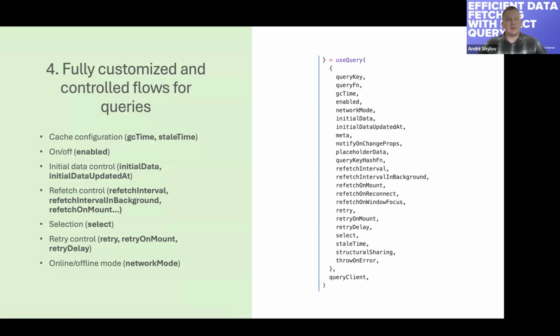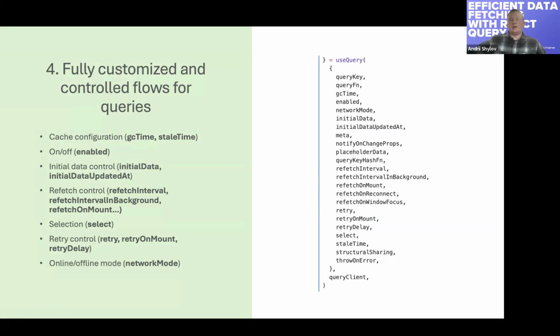GC time is how long your data will be alive in your cache before the garbage collector will delete it, will remove it from the cache, from the moment it got stale. Like imagine that I closed the page, and from this moment I don't use it anymore. Each query has some state, active or not active, and this data will be kept for some time, especially this GC time. And staleTime we already discussed.